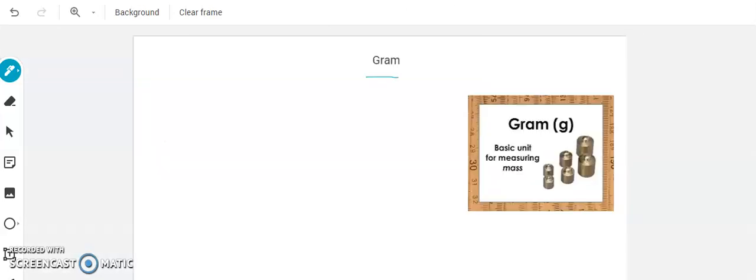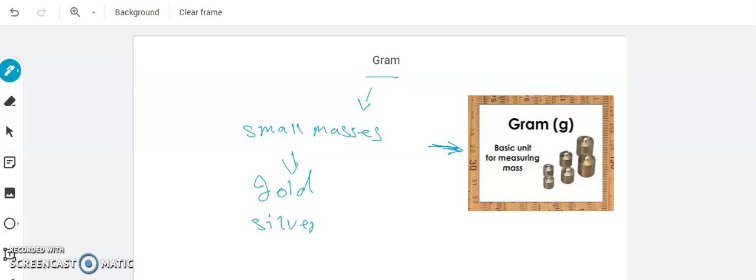Gram. As I said before, the gram here is a small unit, and this small unit is used for measuring small masses such as gold, silver, and the chemicals in the lab.